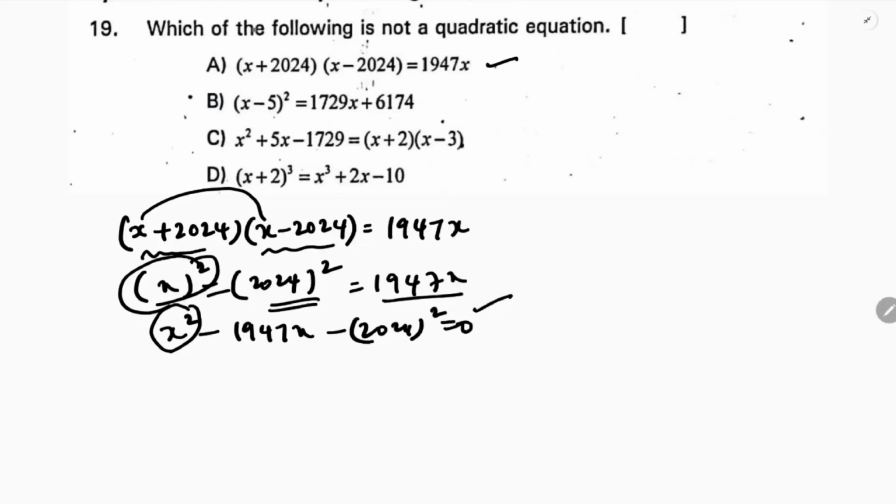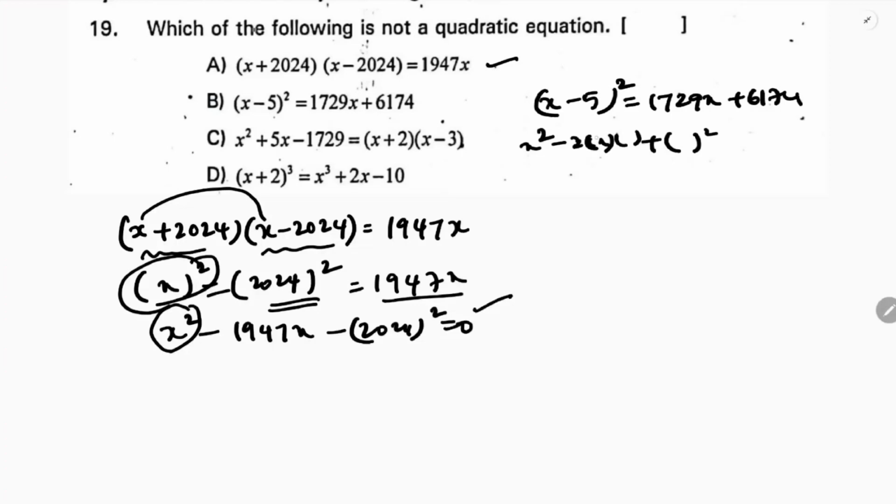Second one, (x - 5) whole square equals 1729x plus 6174. Here (a - b) whole square is a square minus 2ab plus b square, so a is x, b is 5.